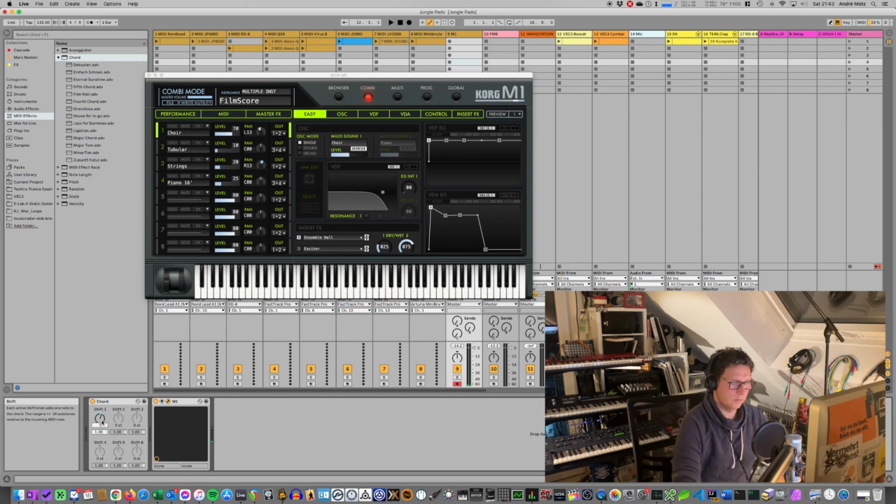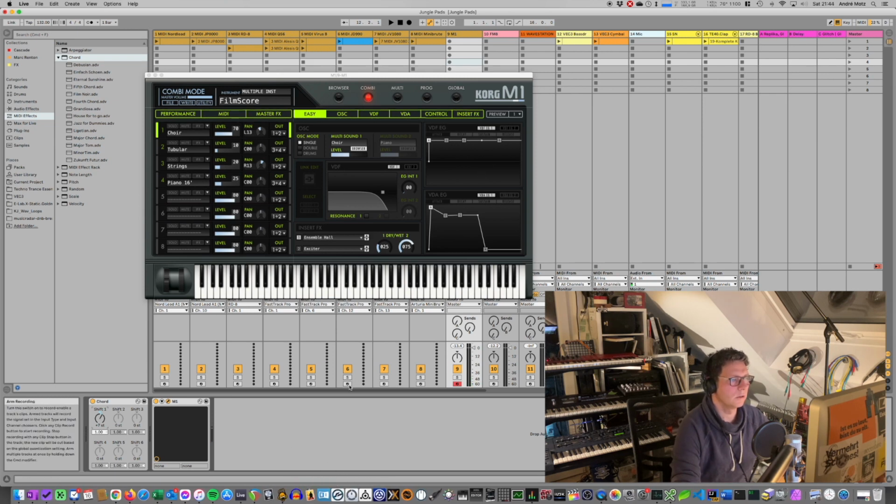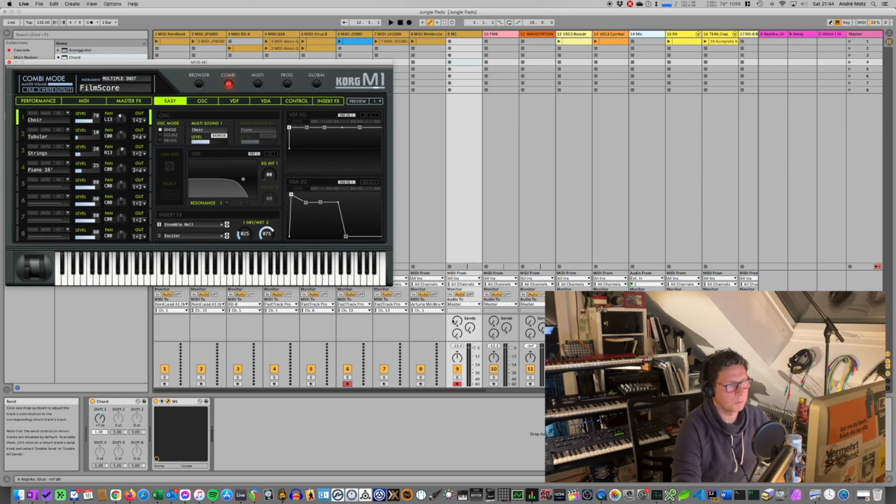Maybe 7. Okay, but let's combine this with the hardware and play both together. Let's add some more reverb, of course, because life would be boring without reverb, right?